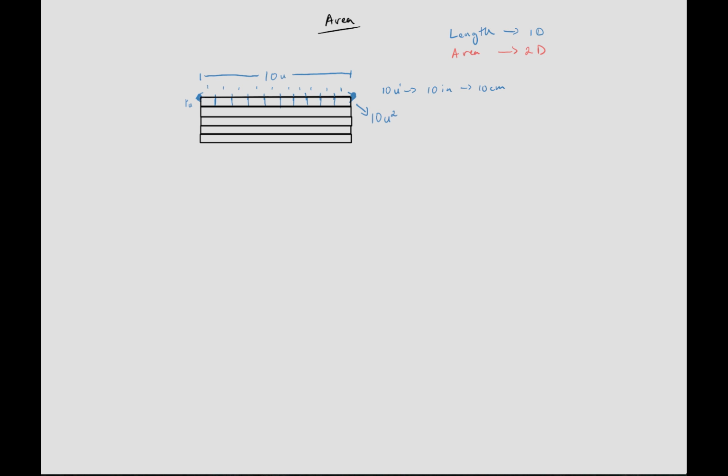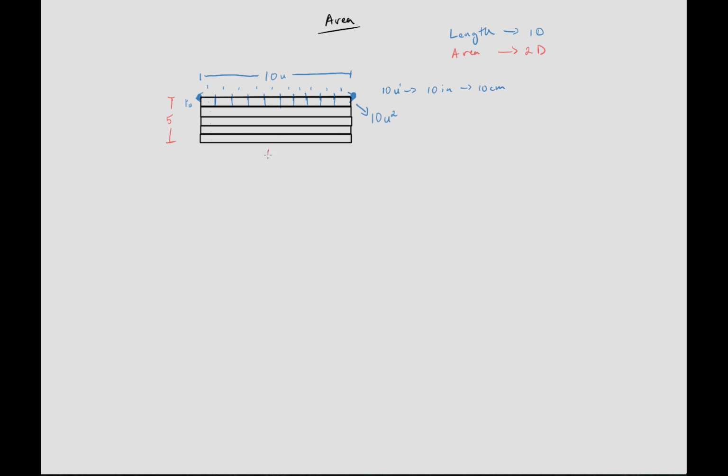I know my drawing skills leave a little bit to be desired at times. But what we're going to find is that if this first piece here had 10 units, and now we have a total of 1, 2, 3, 4, 5 of them, well, that means each one of these pieces is going to have 10 units.